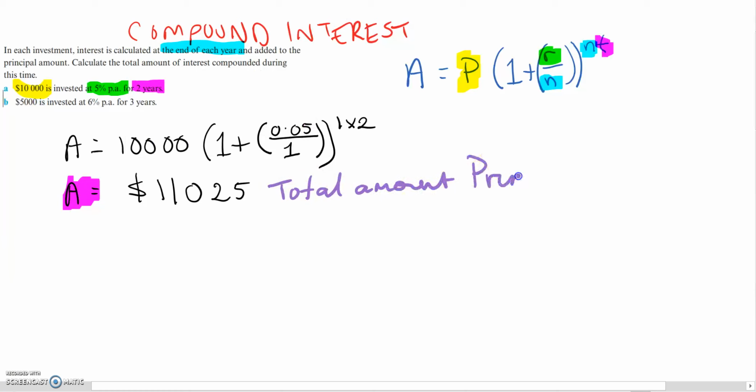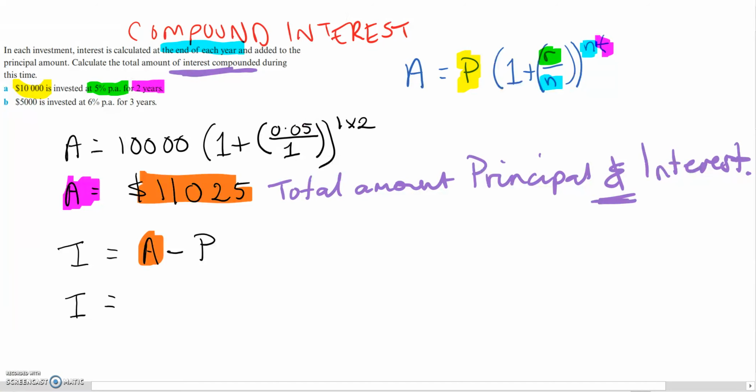Now our A value, let's go orange, is 11,025, and our P value was the 10 grand up the top here, which we started with.